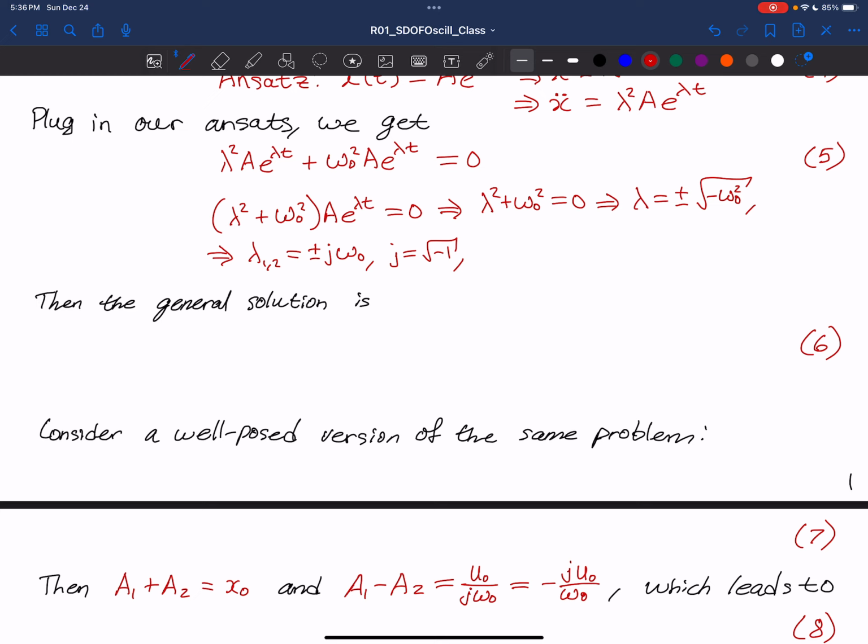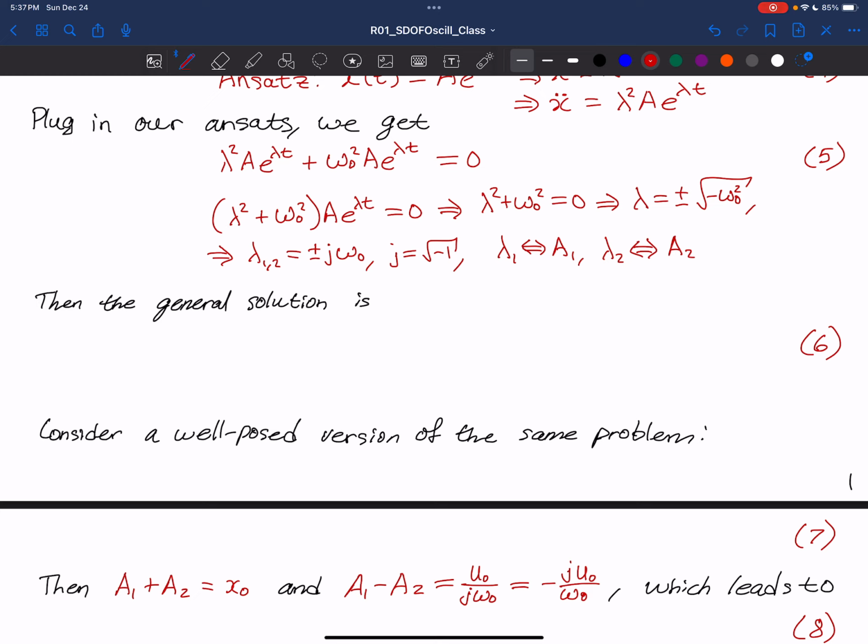Now that we know the lambdas, we can also then find a's. Lambda 1 is going to give us some a1 value, and lambda 2 is going to give us an a2 value. So for each of these lambdas, we're going to get a corresponding a.